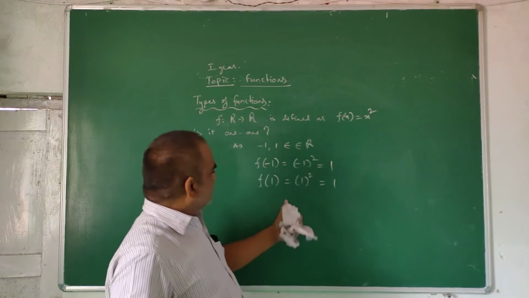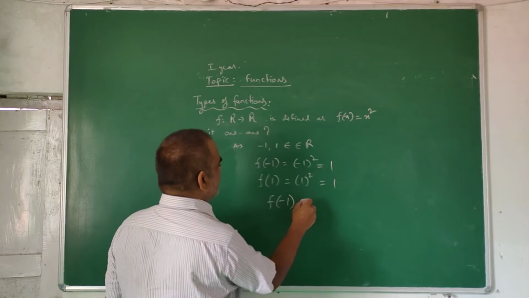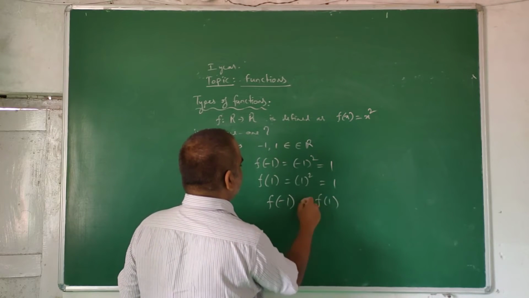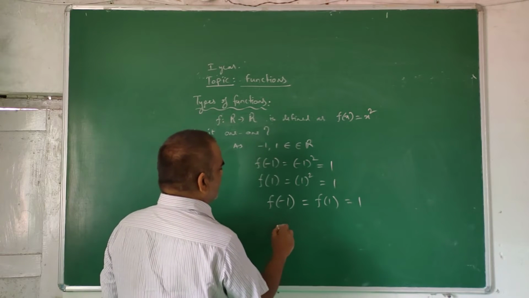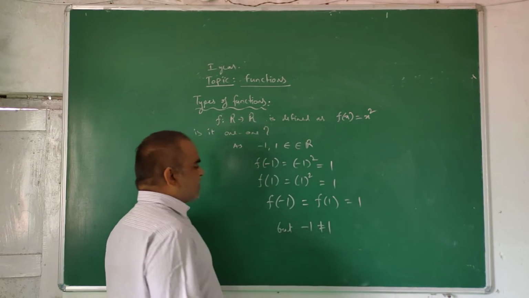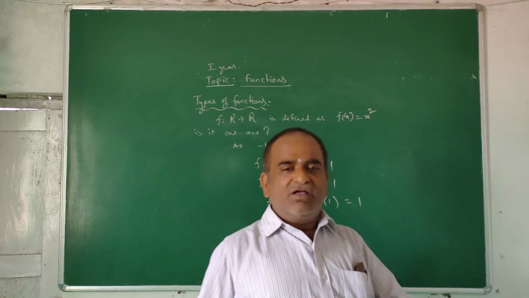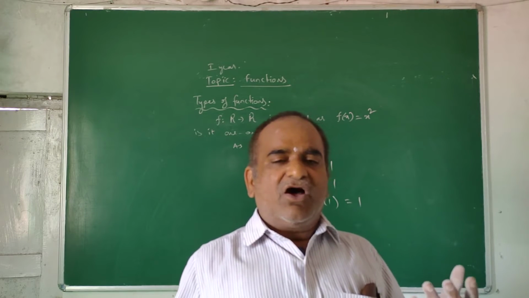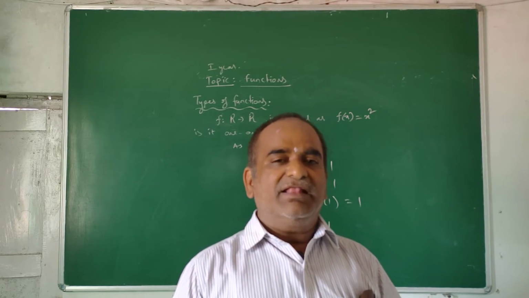Now what you are seeing is that f of minus 1 and f of 1 are each equal to 1. So the images are equal, but minus 1 is not equal to 1. The pre-images are not equal. Minus 1 and 1 are different, but they have identical images.